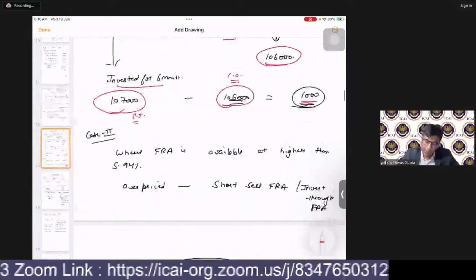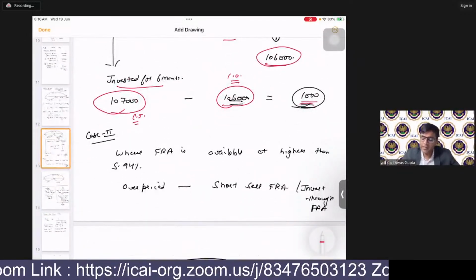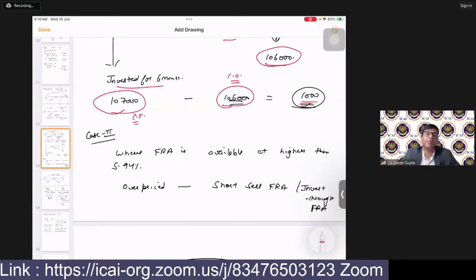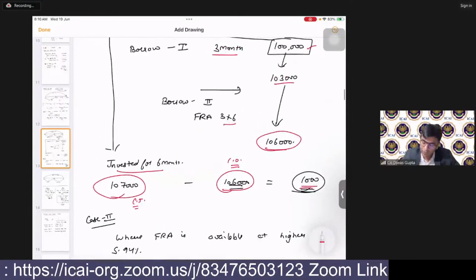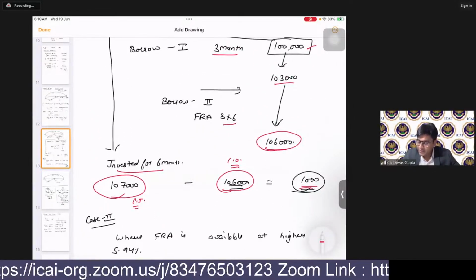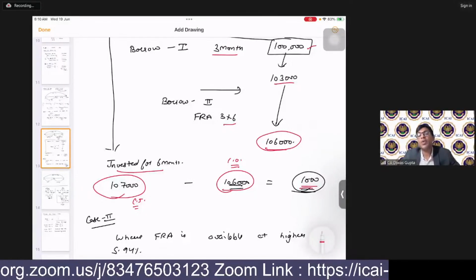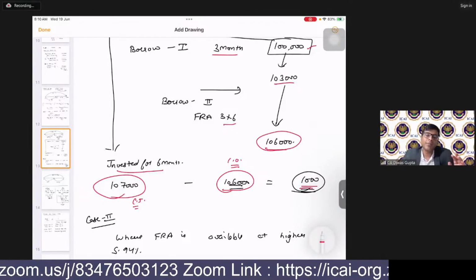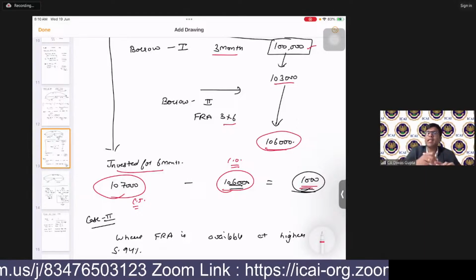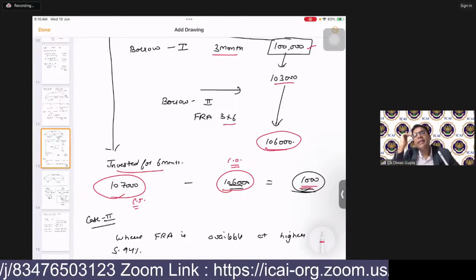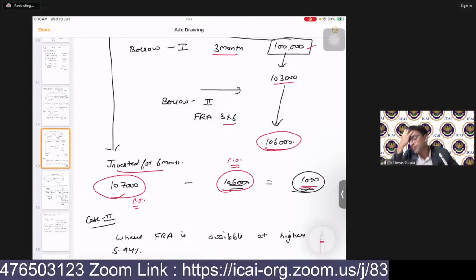Clear? Now case 2, where FRA is available at higher than 5.94, students. Now see, in case it is available higher than 5.94, then FRA is overpriced. The moment anything is overpriced, you sell it, right? Because selling it will give you a gain.